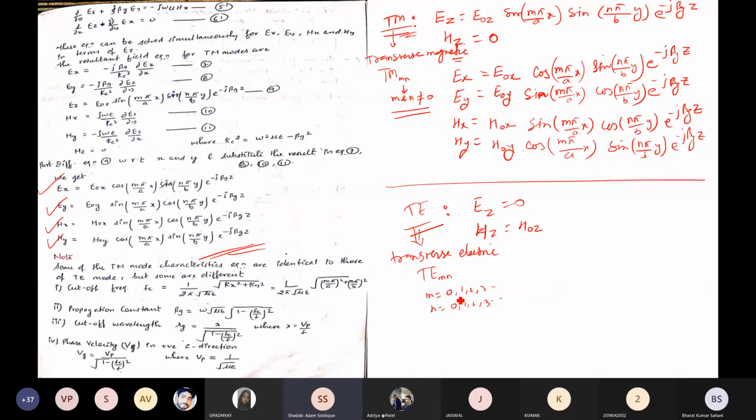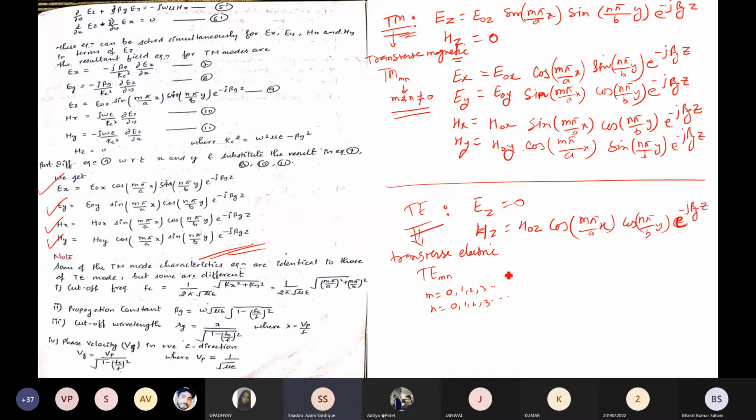To have this 0, 1, 2, 3, this has to be written as a cosine term: cos m pi by a into x, cos n pi by b into y, and e to the power minus j beta g into z.